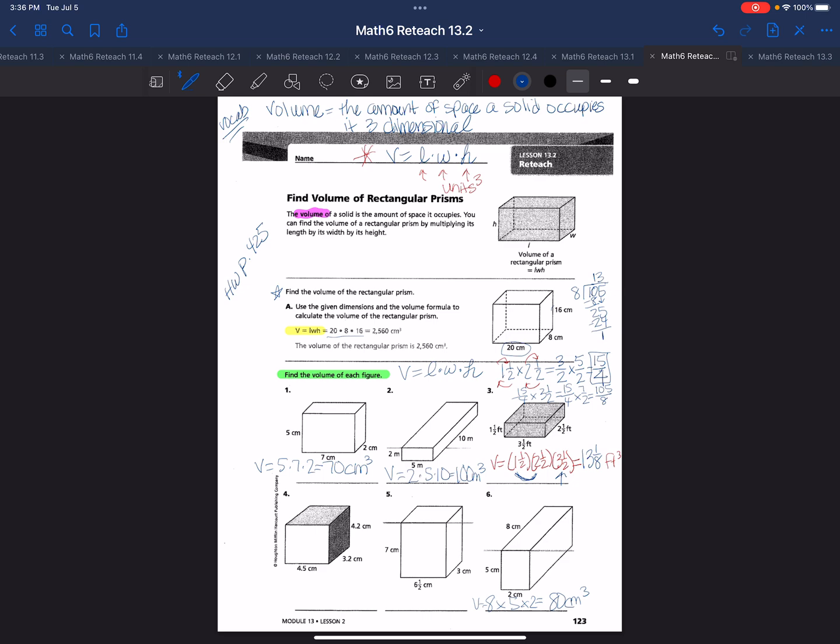Here we have volume equals 4 5/10 times 3 2/10 times 4 2/10. Let's go ahead and do our math. We're going to multiply decimals here.